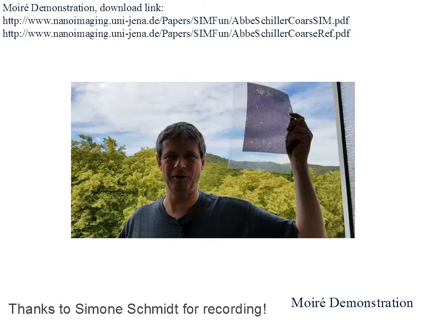Here you are seeing a demo that shows how structured illumination can be represented as an overlap of very high frequencies with an illumination grating that is periodic.